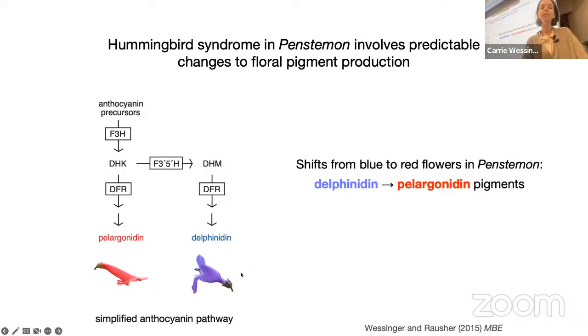Okay, so we know that shifts from bluish to red flowers in Penstemon involve a shift from producing blue delphinidin-based pigments to producing red pelargonidin-based pigments. And producing delphinidin requires the activity of this branch point enzyme called flavonoid 3' 5' hydroxylase, or F3' 5'H.